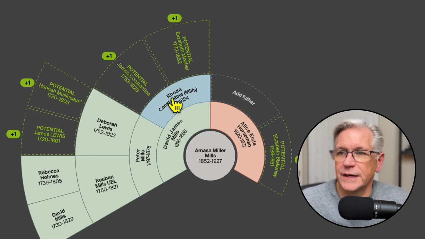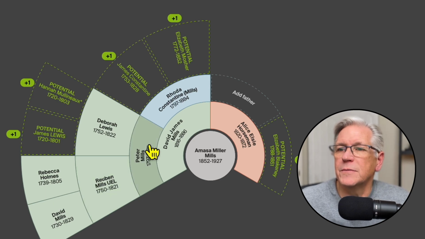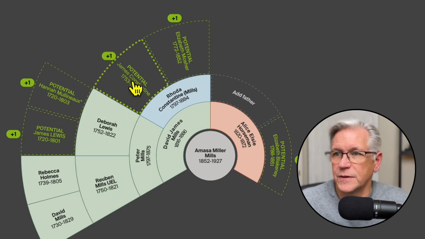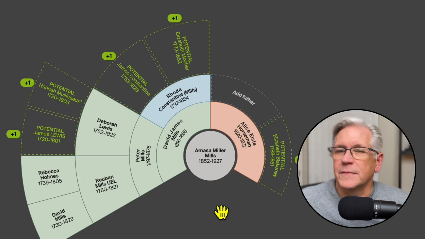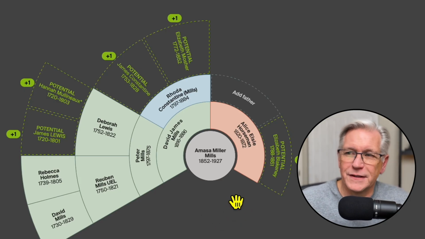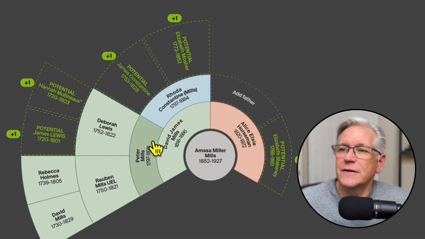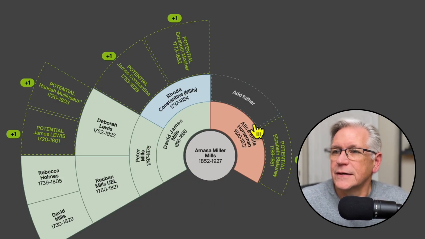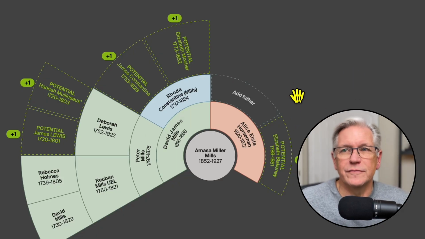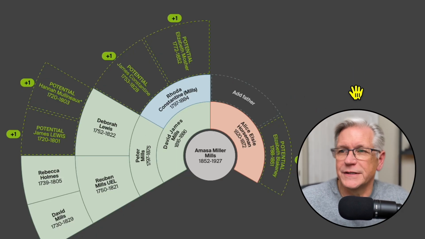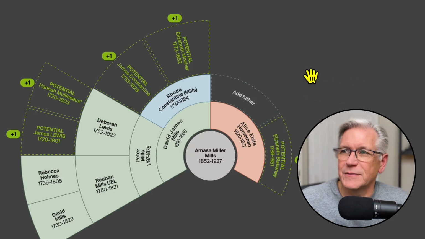Most of the couples are also done on this side of the family, but we don't have the parents of the women from the different relationships. And as I said, that's by design, but I have another tree that has all of the details. But here you can just quickly see where you need to put in some work, where you need to focus your attention to build out a more well-rounded tree and fill in some of those gaps.